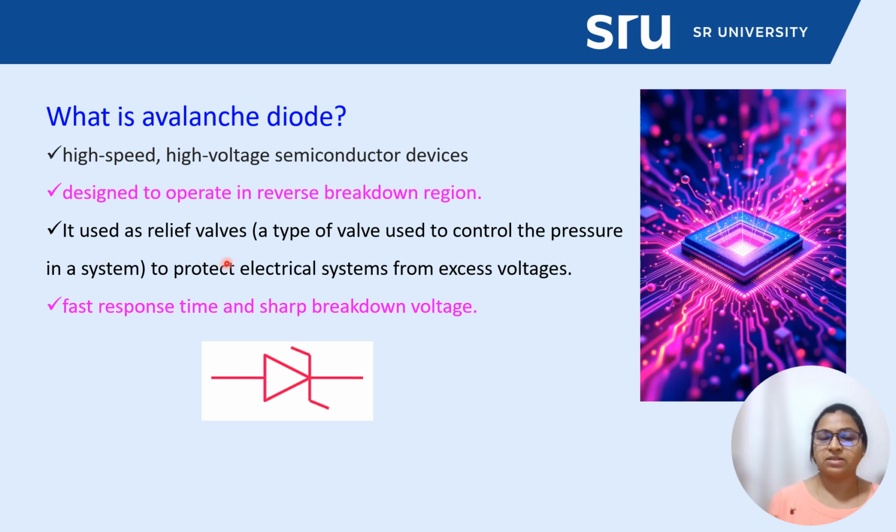It is used as mentioned like a relief valve, and it has a very fast response time and soft breakdown voltage. And this is basically the symbol of the diode. On this side, the line is not completely straight, it is just a bit curved.